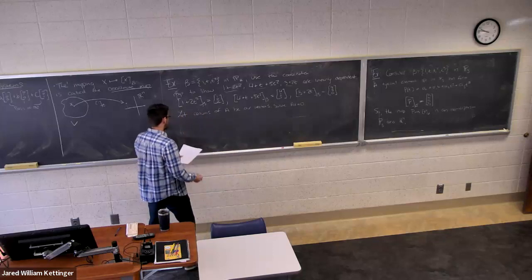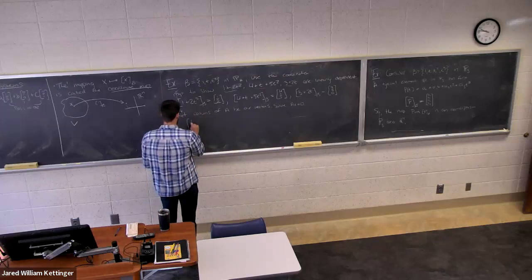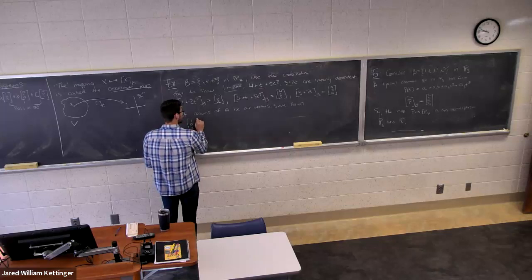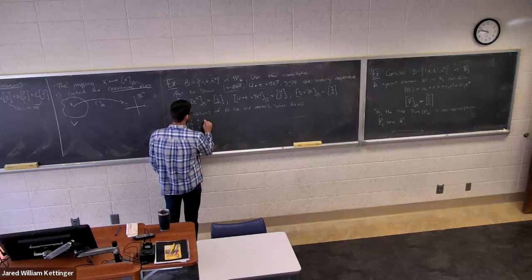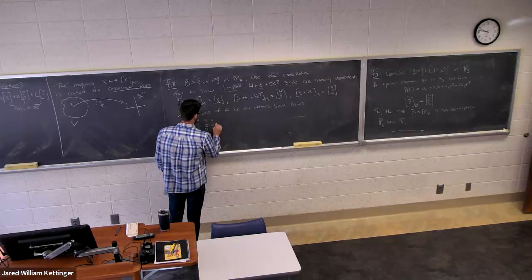Right? So we can make a little augmented matrix where these are going to be my columns: 1, 0, 2, 4, 1, 5, and 3, 2, 0.